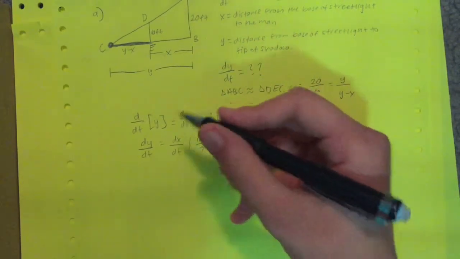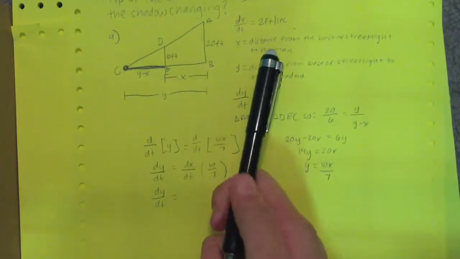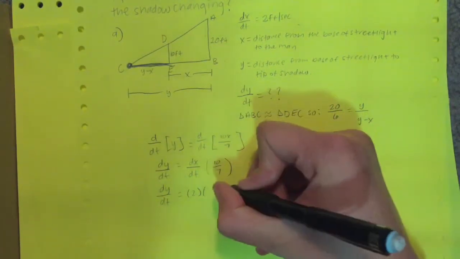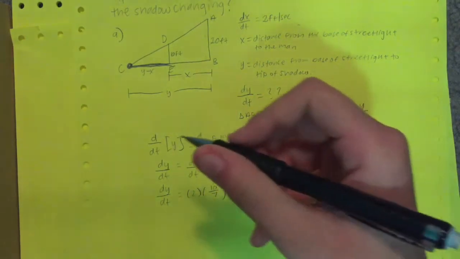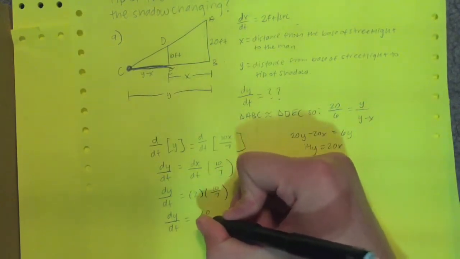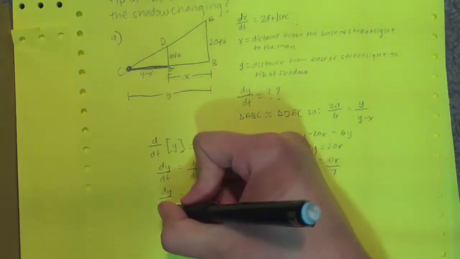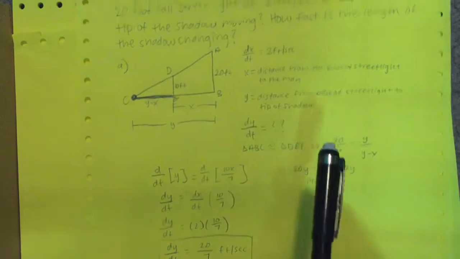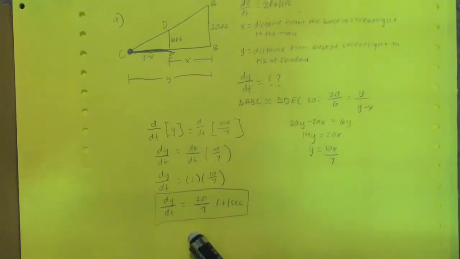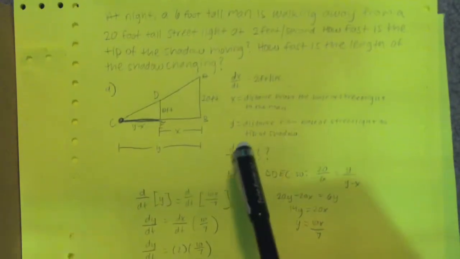Now we can substitute in. dx/dt is equal to 2 feet per second. So 2 times 10 over 7, and this is an ugly number. dy/dt is equal to 20 over 7 feet per second. So back up to what we were answering: how fast is the tip of the shadow changing? It's changing at 20 over 7 feet per second. That was the answer to the first question.